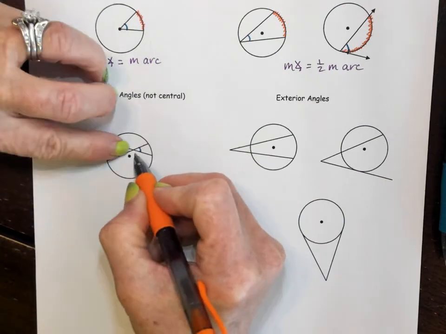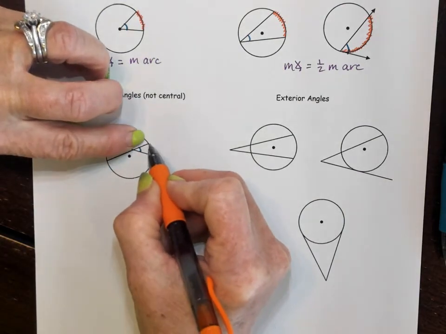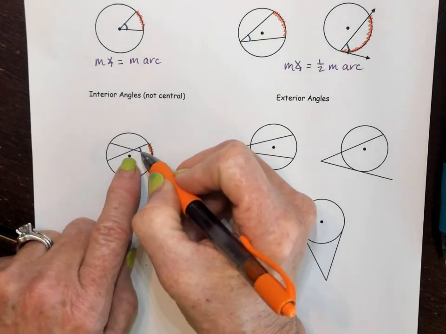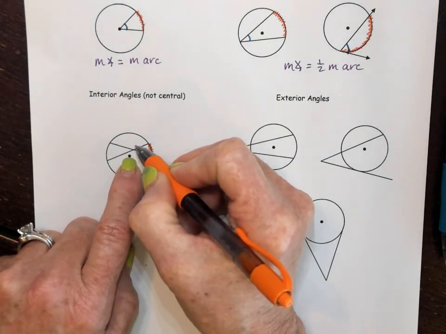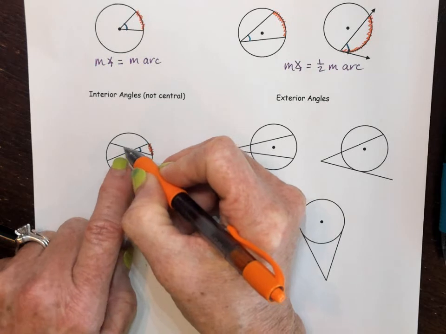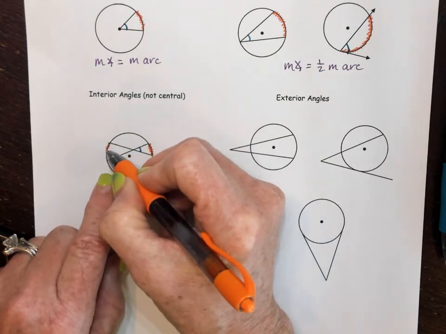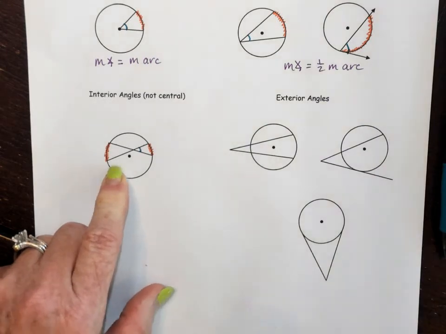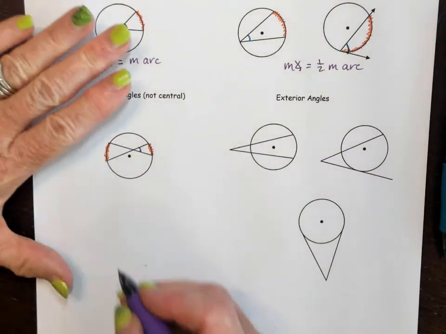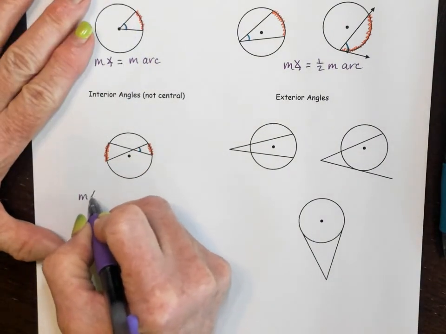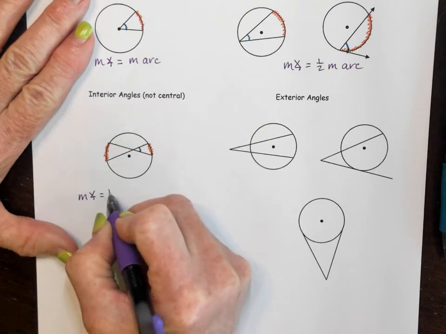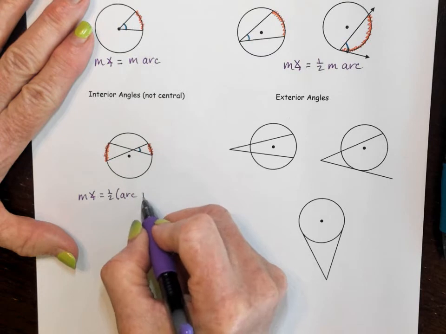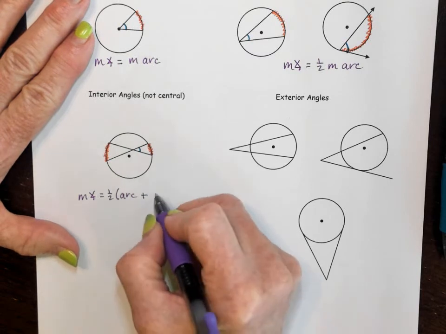We need the intercepted arc out here, where it hits on this side, and then the arc of the vertical angle, so the vertical angle on the other side of the intersection, and its arc out here. So when we do interior angles, we need two arcs, and we know the measure of that angle is 1/2 of its arc plus the arc of the vertical angle.